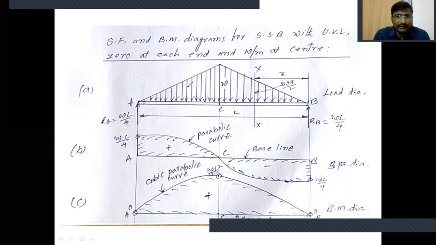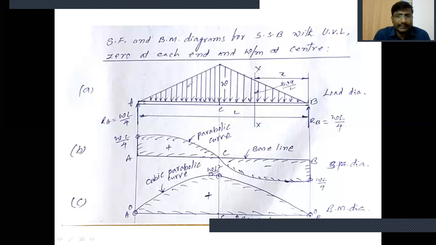First of all, let us take sigma Fy. Why? Because here the loads and reaction forces are acting in the y direction only, not in the x direction. Clear, students? So that's why I'm taking sigma Fy equal to 0. By taking sigma Fy equal to 0, all the downward forces must be equal to all the upward forces.